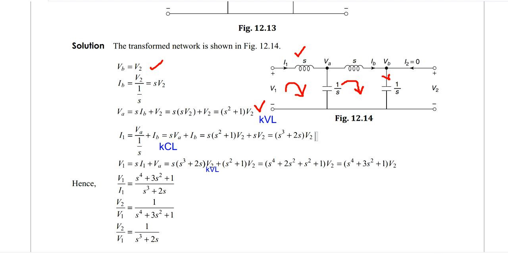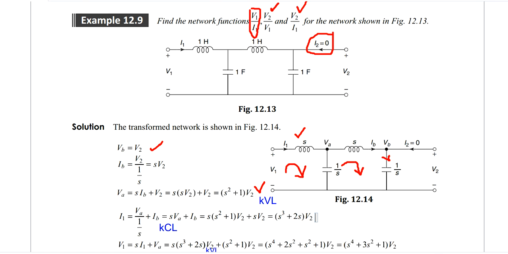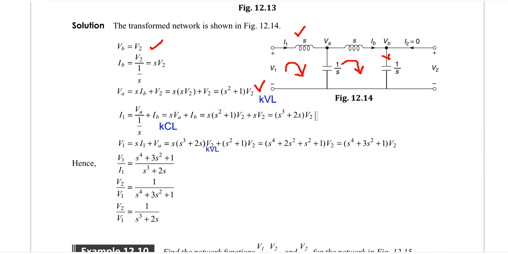So we can cancel out V2 and V2, and directly divide V1 by I1. Then what do you get? S to the power 4 plus 3 S square plus 1, divided by S cube plus 2 S. Then it is asked to determine V2 by V1, and we have that ratio directly here.